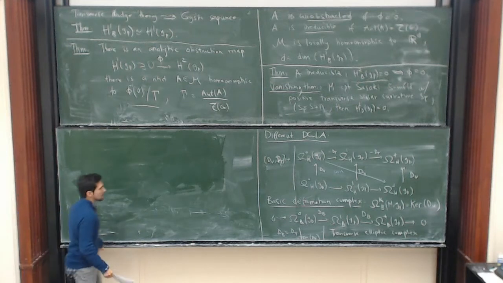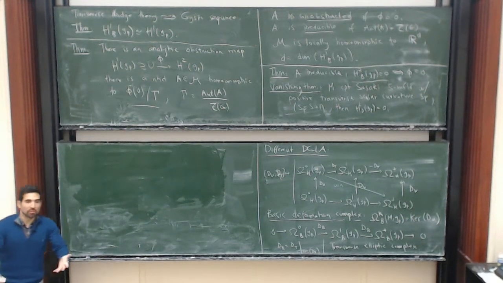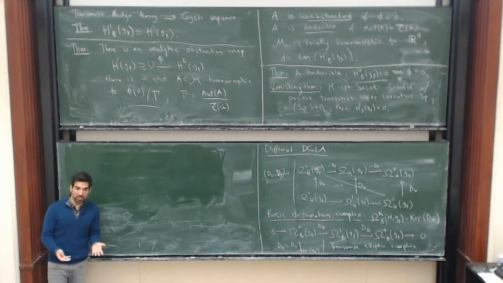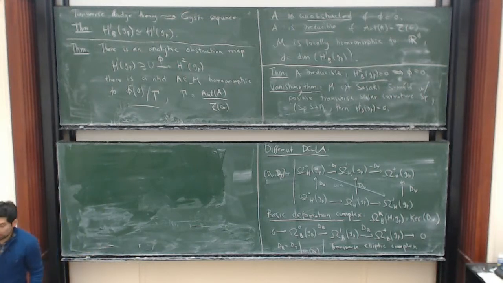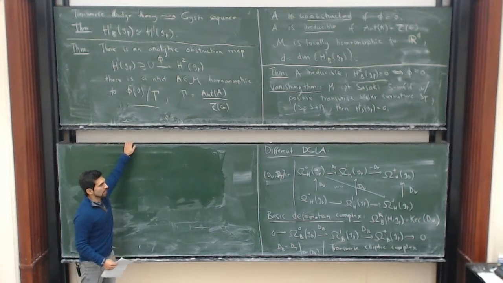Right, before doing that, let me just say there are two notions of transverse out there. There's transverse to a foliation, and then there's transverse to a group action, which is what Atiyah developed, the notion of a transverse elliptic complex.